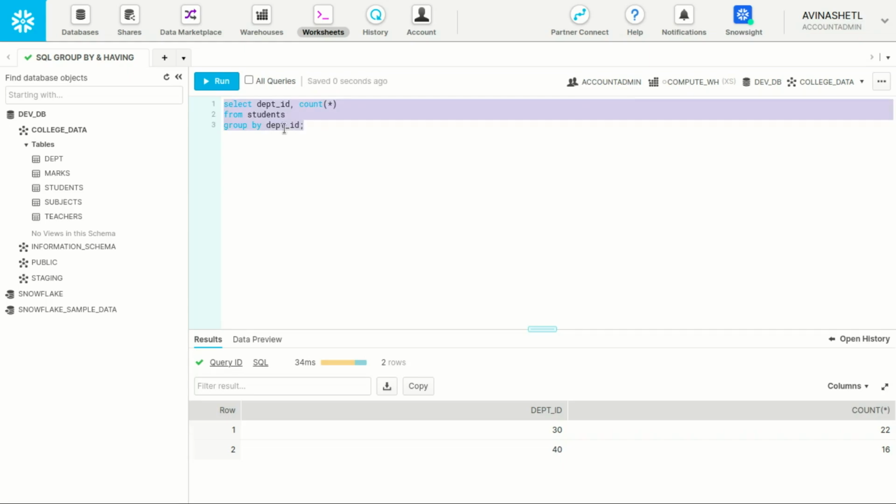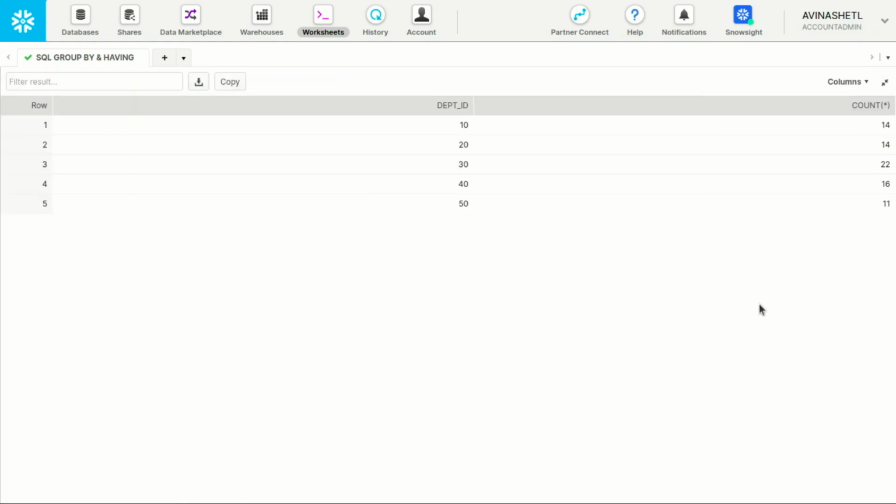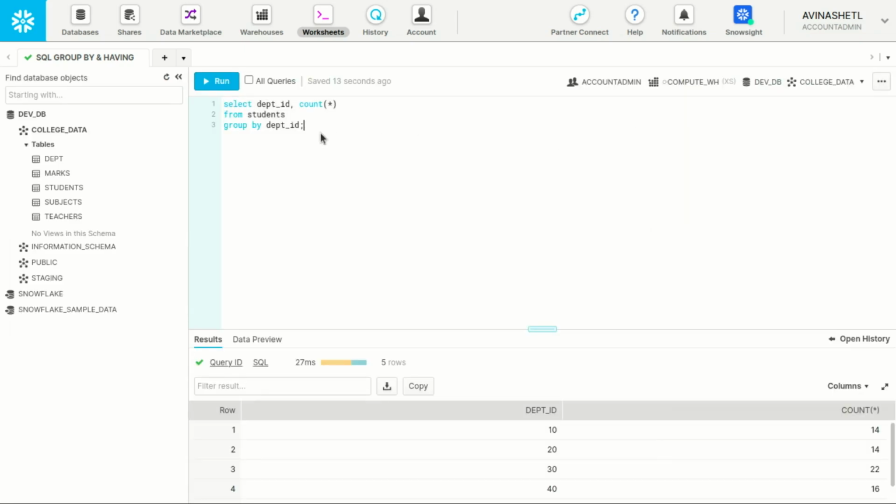Let's execute this query first. This is giving us number of students for every department, but we are only interested to know department IDs for student count more than 15.